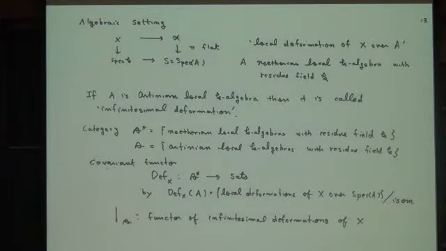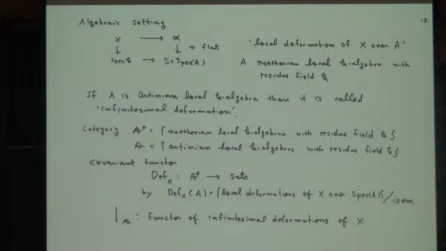Then we say the local deformations. But in the special case where A is an Artinian local K-algebra, this is called infinitesimal deformations. These are, I think, the basic things, but anyway, I need to introduce some basic terminology of this deformation theory.